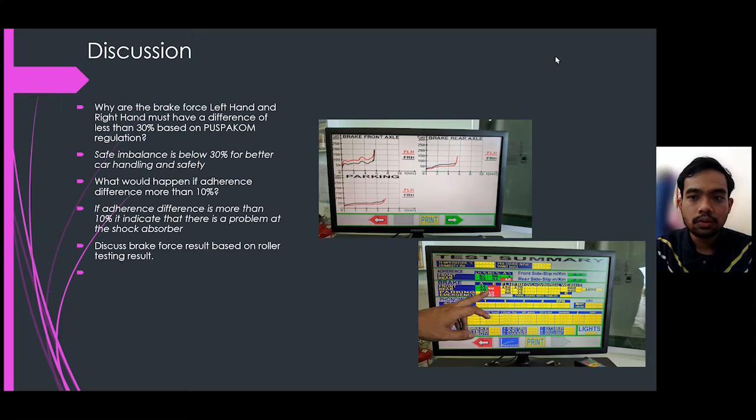The third question is to discuss the brake force result based on the roller testing result. So as we can see on the test summary, for the front braking, the left brake has higher force than the right brake.